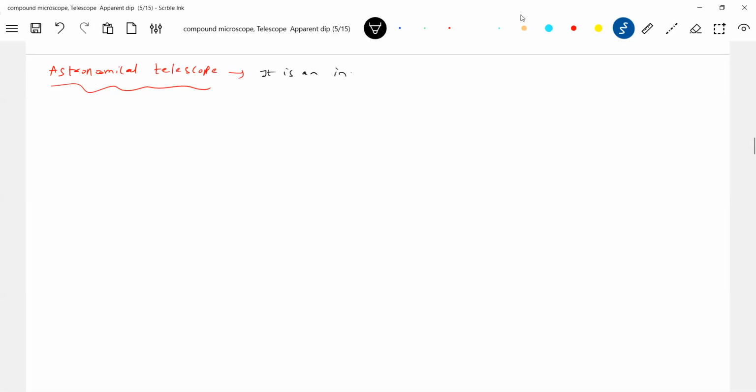It is an instrument used to view heavenly objects: moon, stars, planets, asteroids, comets, all that will come under heavenly objects. Okay, let's go for the construction of it.